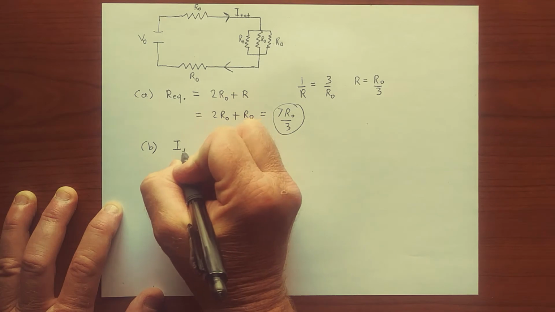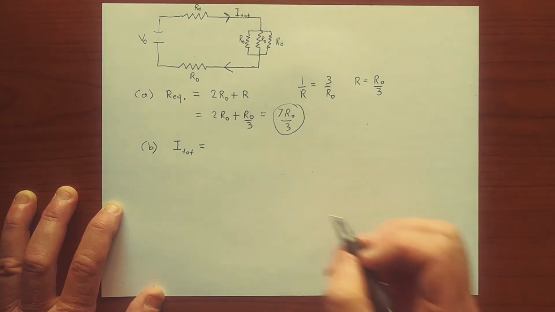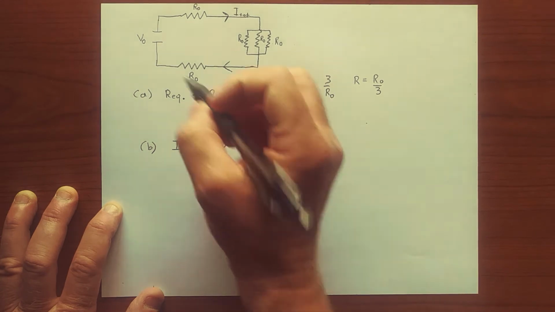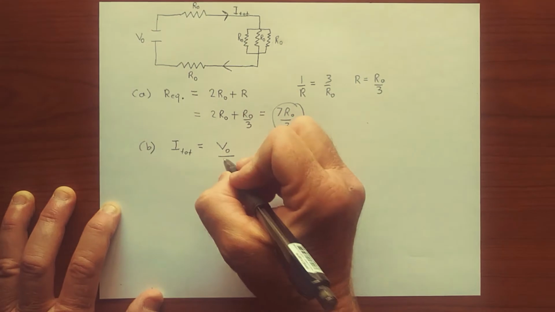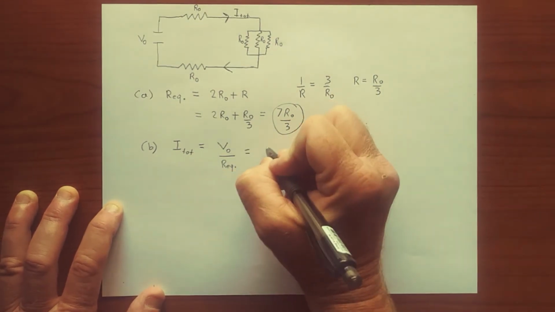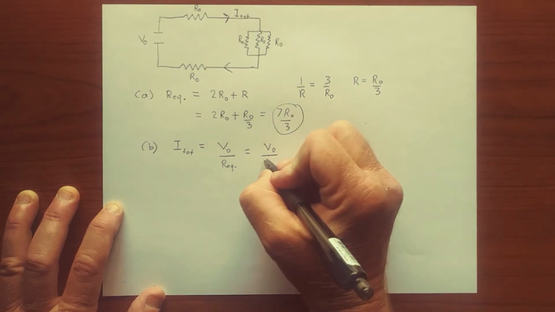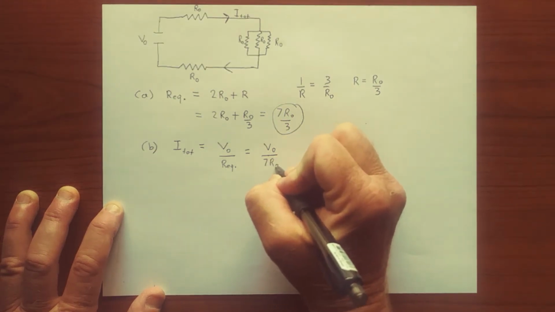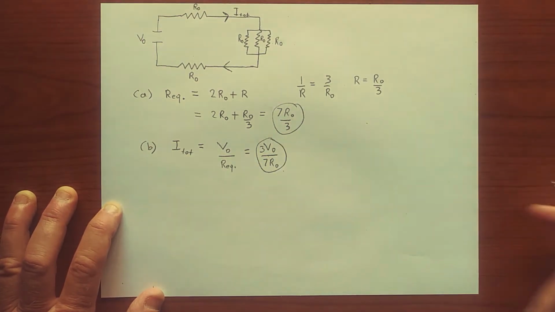So I total, we need the total voltage here divided by the equivalent resistance, and that's V0 over this, which is 7R0 over 3, and so that's our total current.